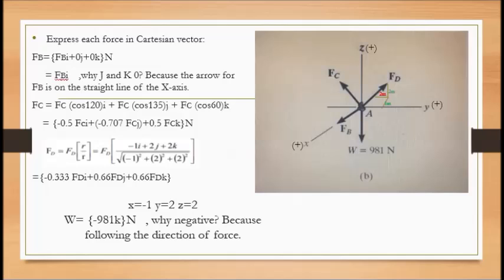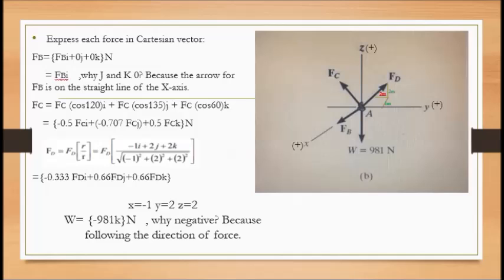In this case, the answer is minus 1/3 i plus 2/3 j plus 2/3 k, multiplied by FD. We're also going to add W equal to minus 981k because it acts on the z-axis but only in a negative direction, similar to force B.